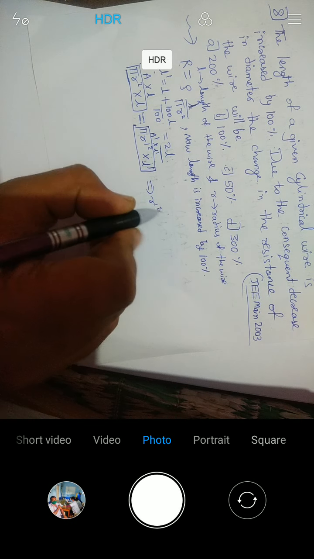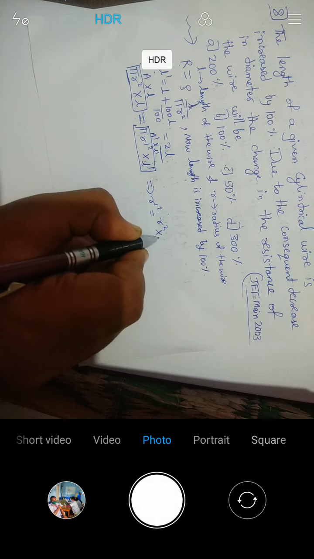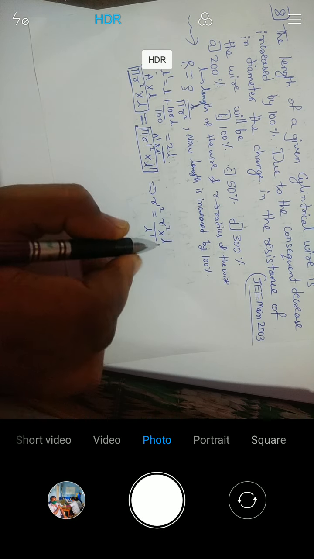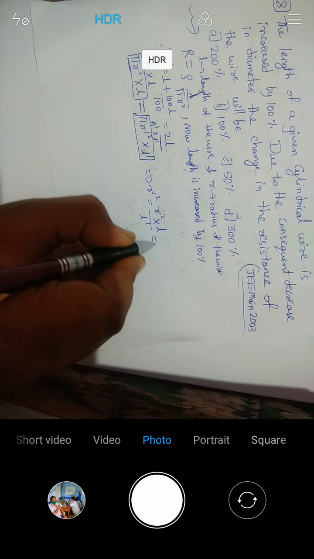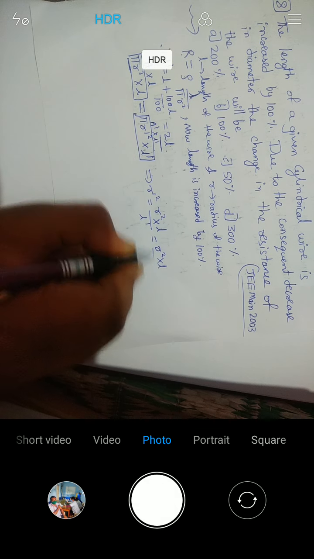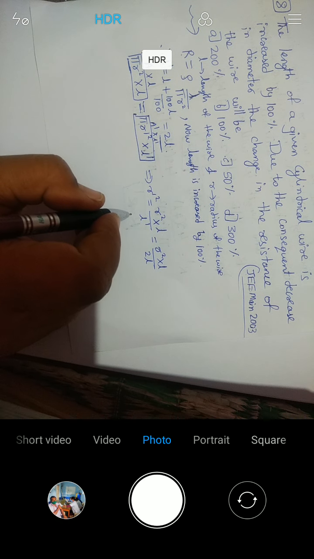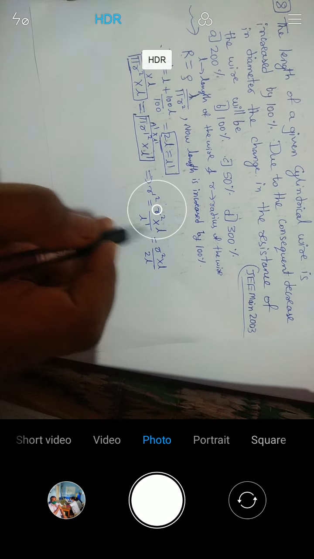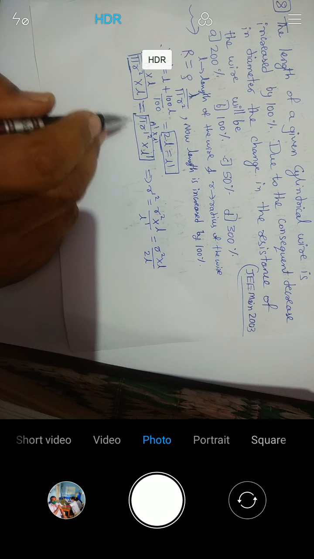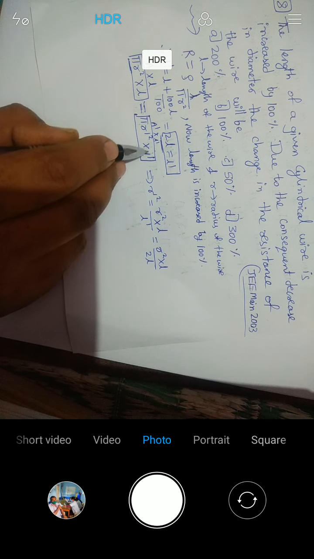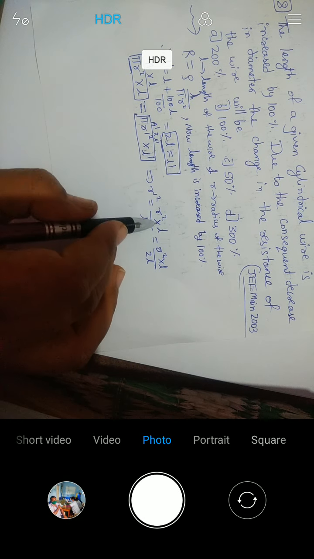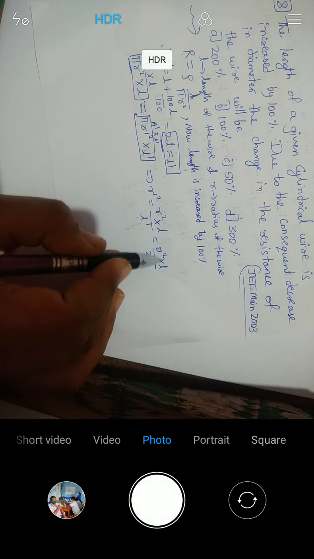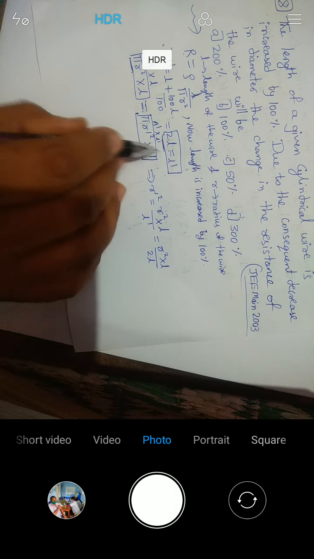So r dash square is equal to r square into L divided by L dash, and that equals r square into L divided by 2L, because L dash is equal to 2L.